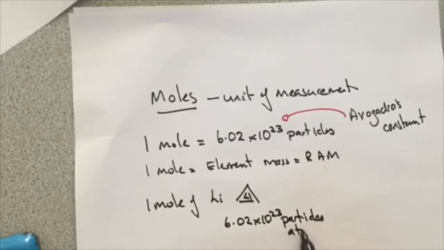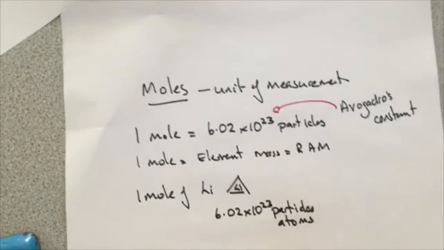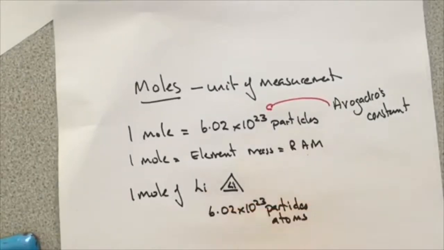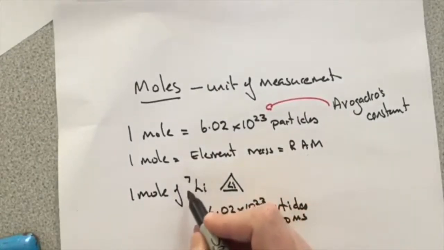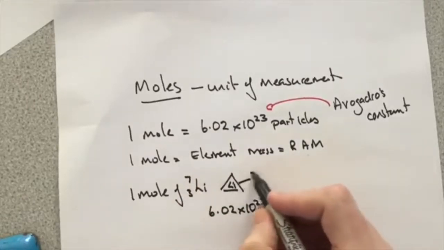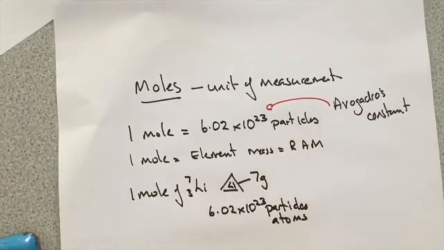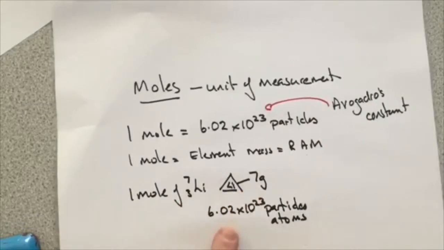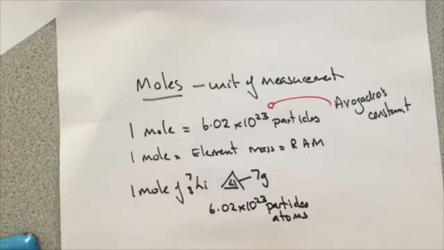In this case, these particles are atoms. When we look at the periodic table, we know this is 7, 3. Therefore, the relative atomic mass is 7. Therefore, this has a mass of 7 grams. So 1 mole of lithium has a mass of 7 grams and it contains 6.02 times 10 to the 23 particles.